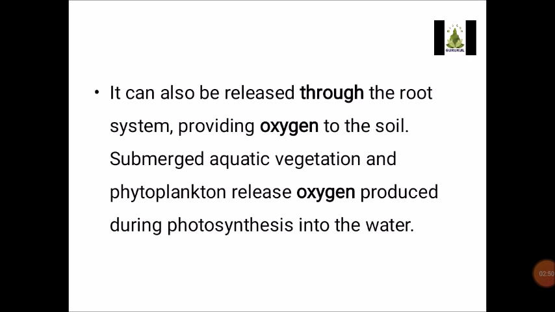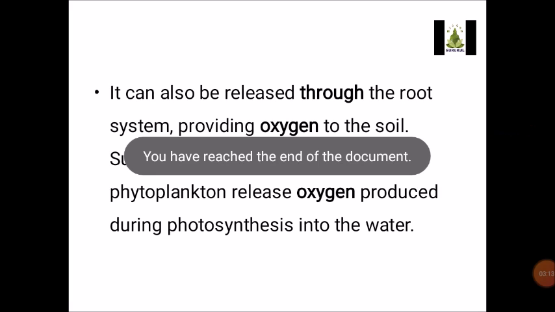it can be released through the root system, providing oxygen to the soil. Submerged aquatic vegetation and phytoplanktons release oxygen produced during photosynthesis into water. So students, even the plants present under the water release oxygen through the process of photosynthesis.